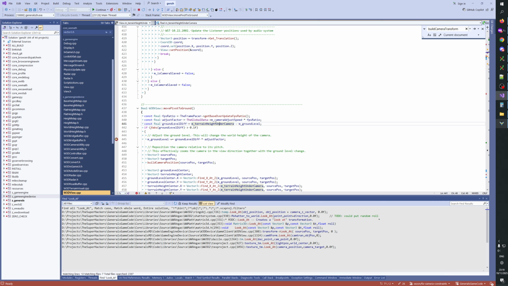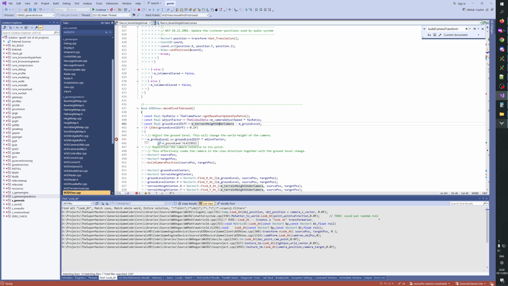We have a ground level and we have a terrain height under camera. FPS ratio is 6. That seems pretty high. 1.8.